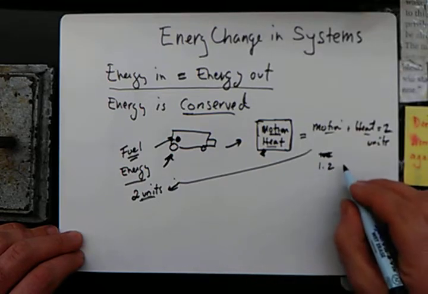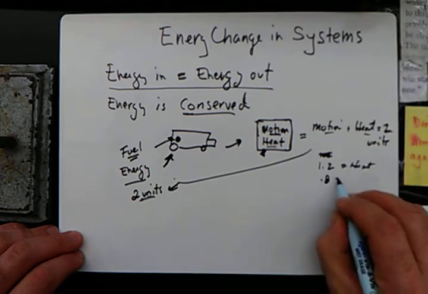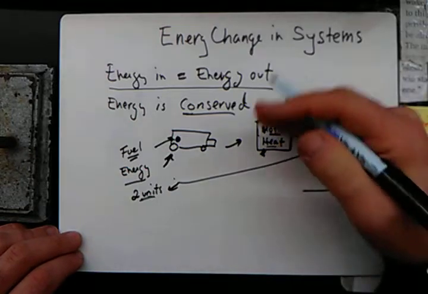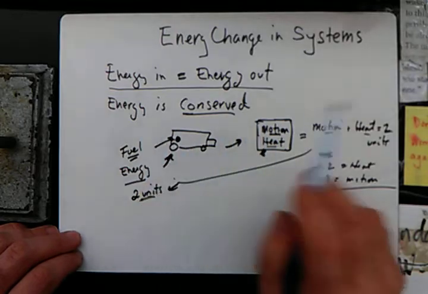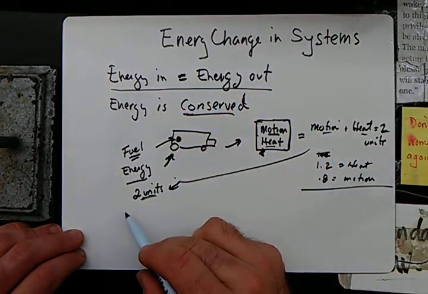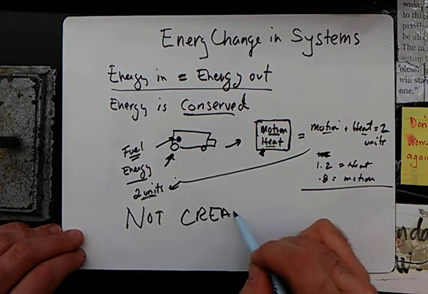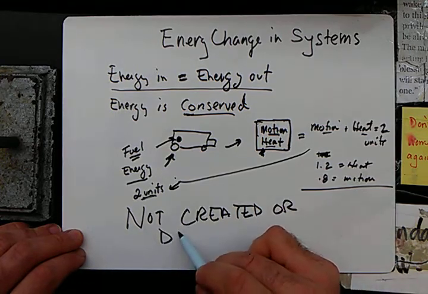We'll say 1.2 equals heat, and then 0.8 is motion. Okay, and that's a fraction. So we know that when energy is conserved, and it is, energy is not created or destroyed.